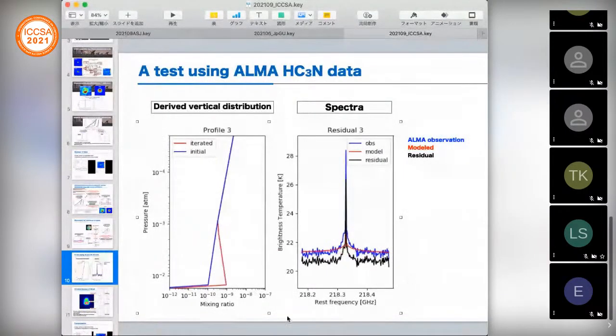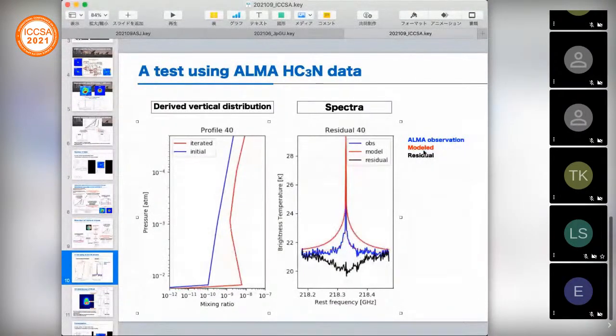This is a movie, and the left panel is the vertical distribution, and the automatically optimizing result is the red one, and in the right panel we can see the observed spectrum and the calculated optimized spectrum in red.